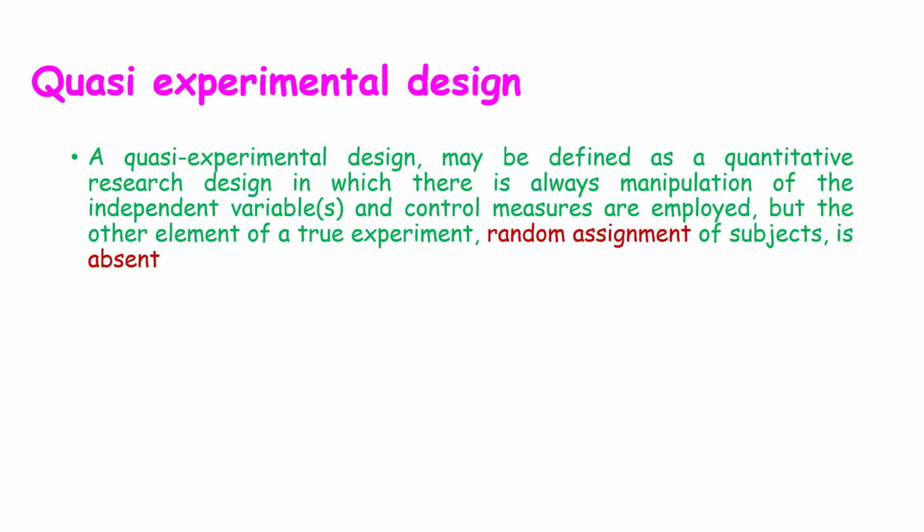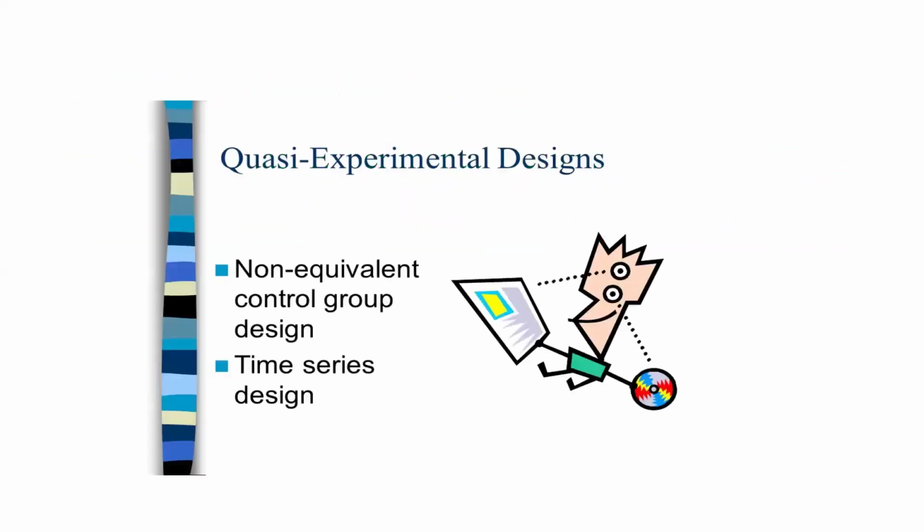In quasi-experimental design, there won't be random assignment, but preferably we have a control group. These are the types of quasi-experimental design: non-equivalent control group design, and time series.